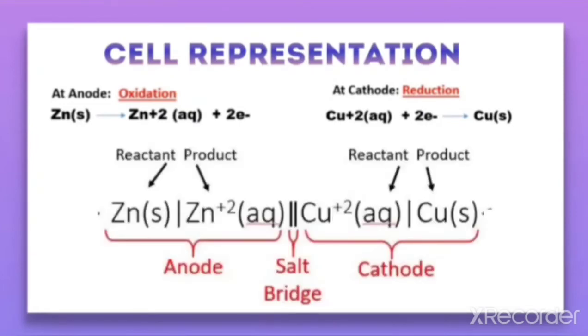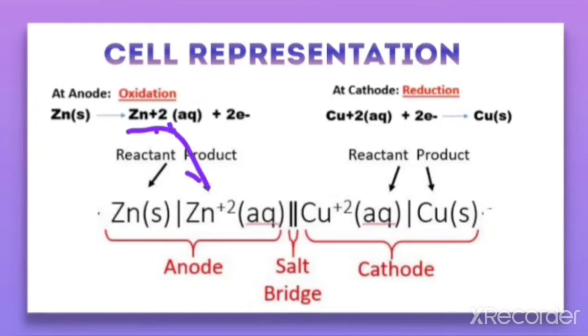Look here in the oxidation reaction, the reactant is zinc. So first we write the reactant Zn, and that is in solid form, therefore in brackets it is written s. And what is the product here? Zinc ion is the product.